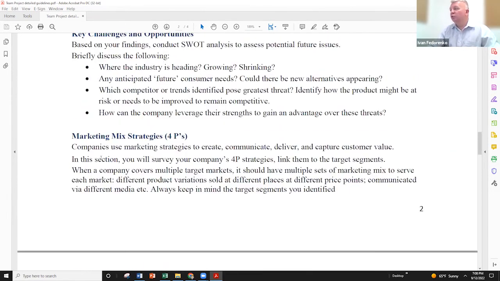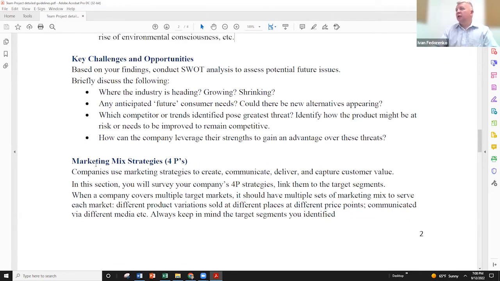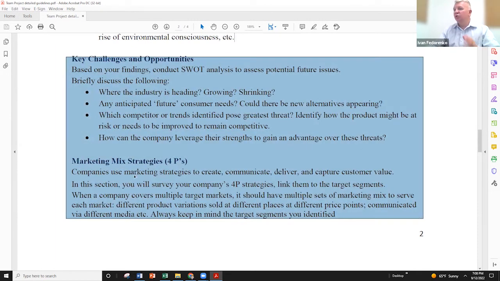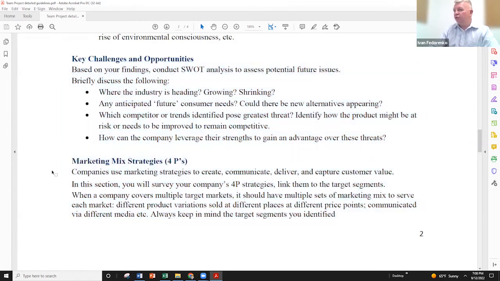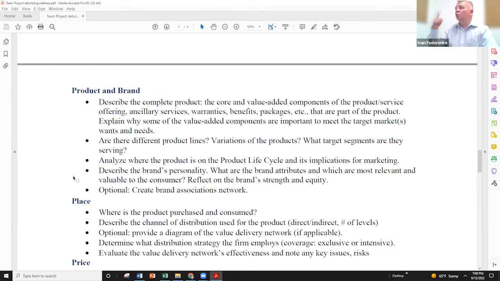So when you discuss macro and micro environment and conduct SWOT analysis, you got to dig in and narrow down on the marketing strategies, on the 4 P's. You'll need to choose one single product of this company.